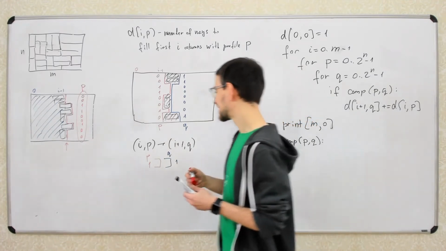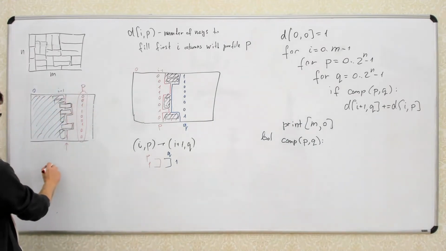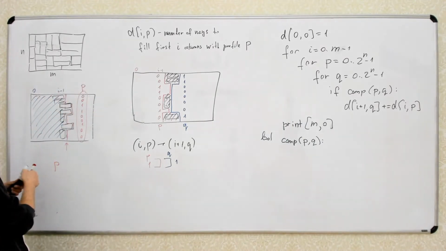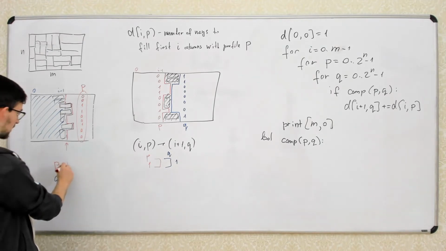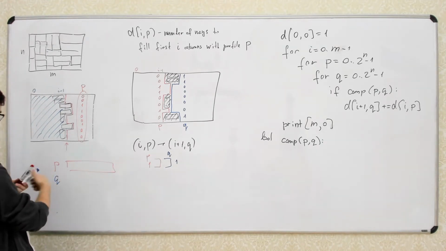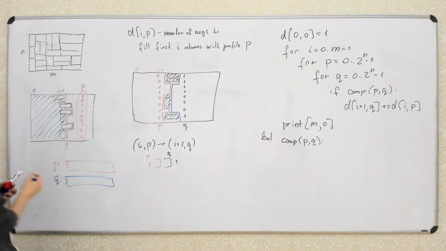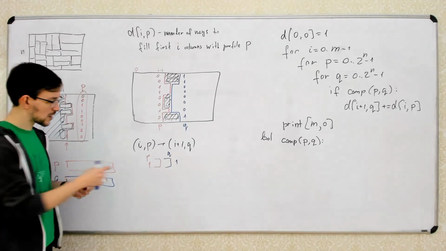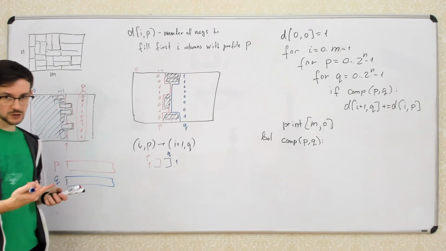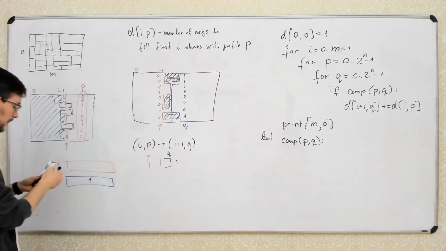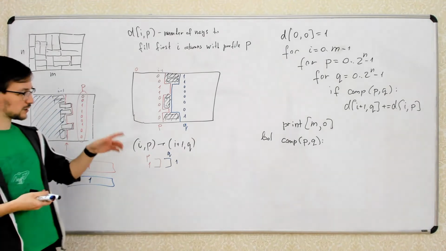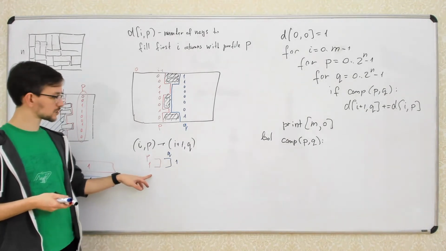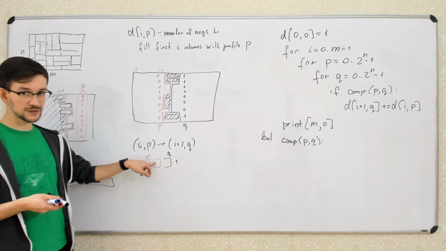Got it? So we want to find situations like this. We have two profiles, P and Q. These profiles are actually n-bit integers. We have this integer and this integer, and if we have ones in the same position, so we have a 1 here and a 1 in the same position here, then these two profiles are not compatible, because we cannot fill this square without filling this square.